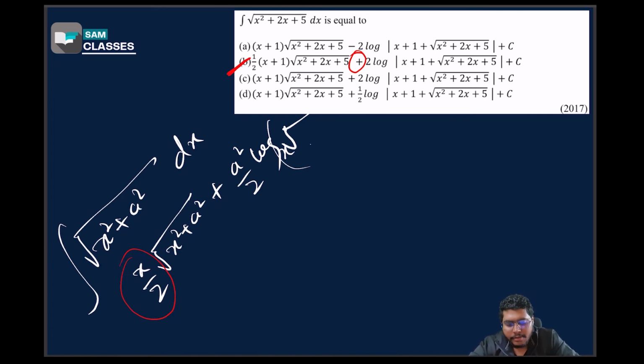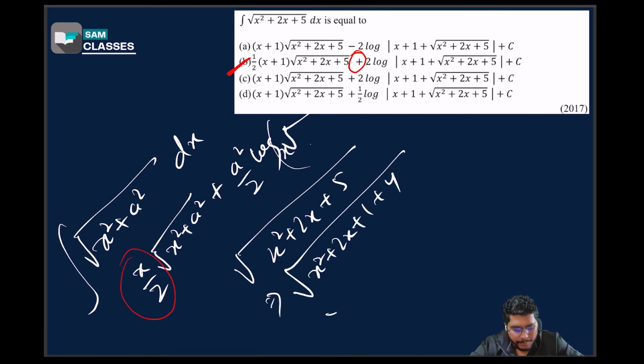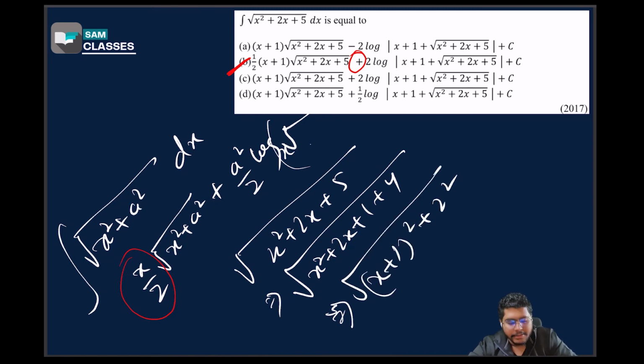Now, how will I decode this? This looks very simple. Nothing is there to decode. Root under of x square plus 2x plus 5 can also be written as what? Root under of x square plus 2x plus 1 plus 4. Done. So that is equal to root under of x plus 1 whole square plus 2 square. See, that's why x plus 1 by 2. That's it. What was there?